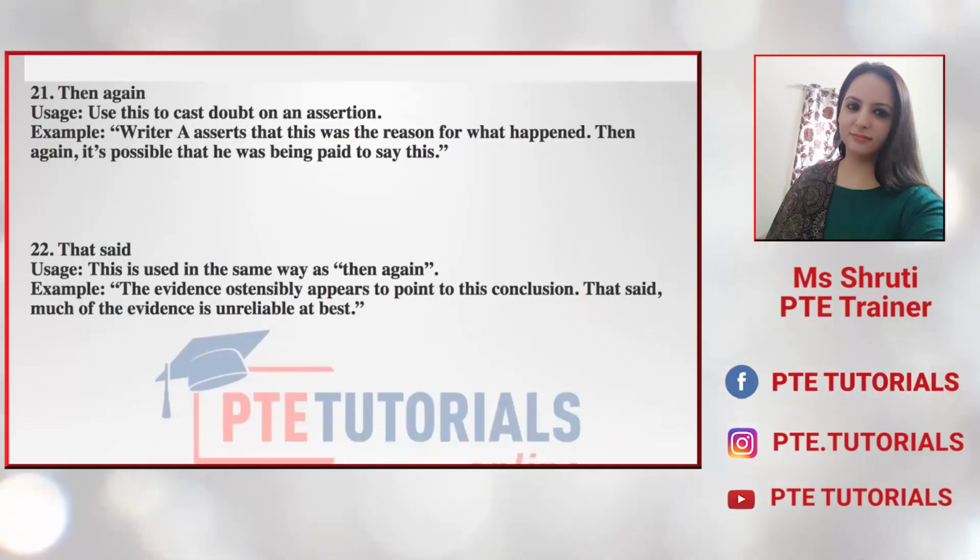Next is then again. This is used to cast doubt on an assertion. Writer A asserts that this is what happened. Then again, it's possible that he was being paid to say this. This gives a doubt about an assertion stated.